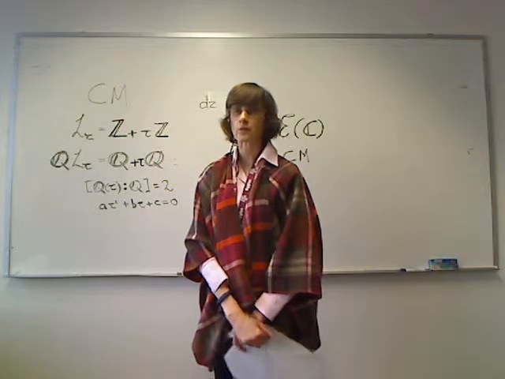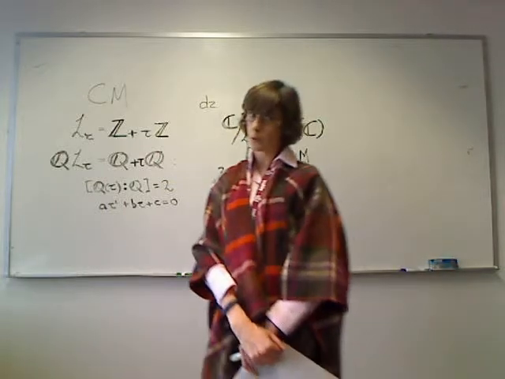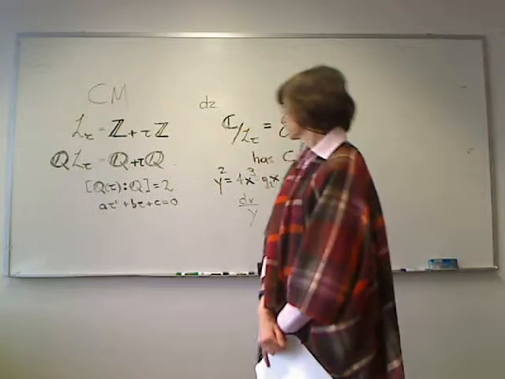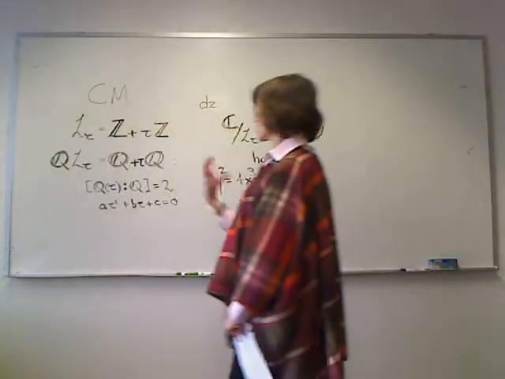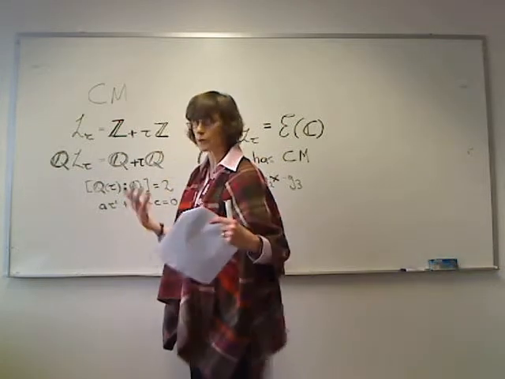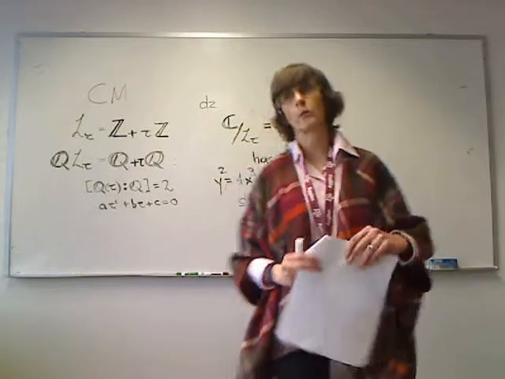Now one can make sense of what it means for a Calabi-Yau variety to have complex multiplication, but I'm not even going to attempt to explain because it's too technical for a video abstract. And one can also associate to a Calabi-Yau variety and its higher forms an analog of the number tau. It's called a period matrix.